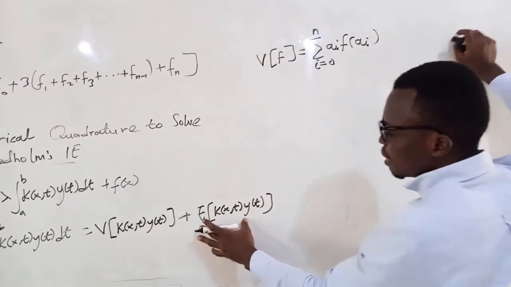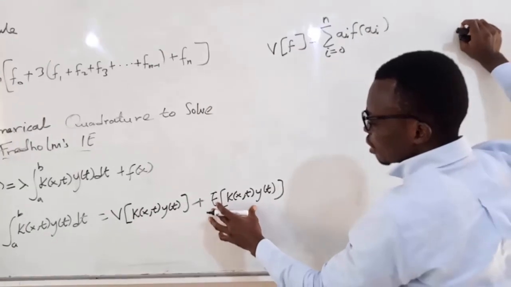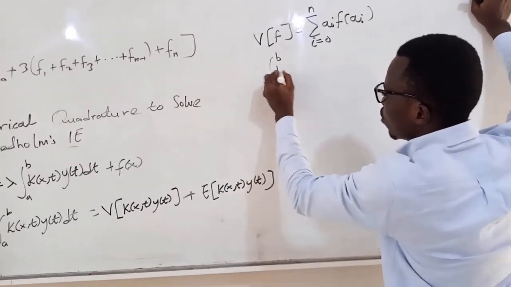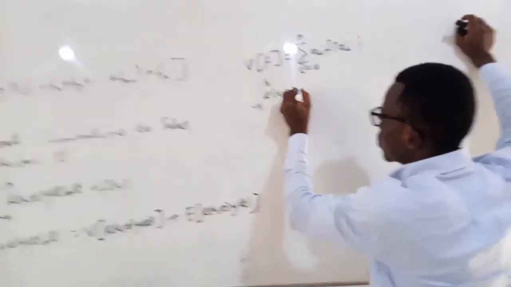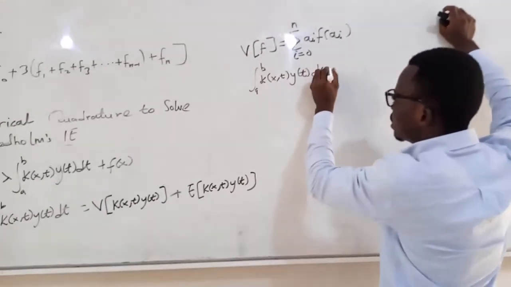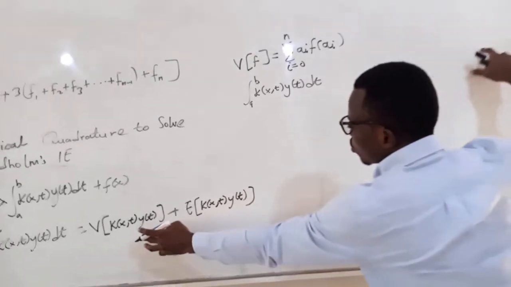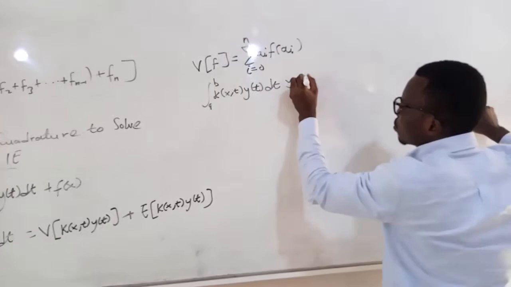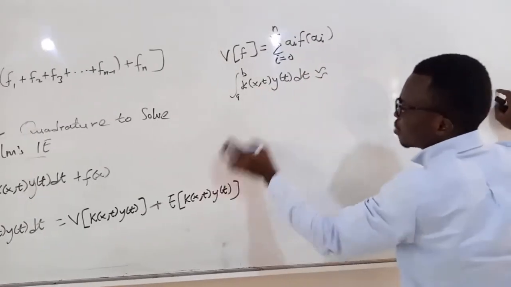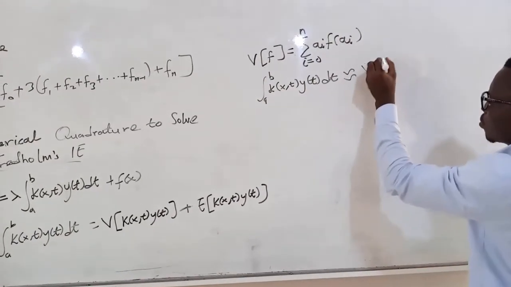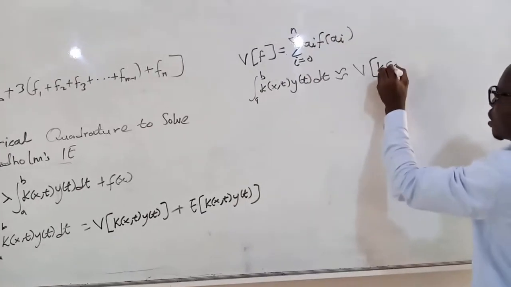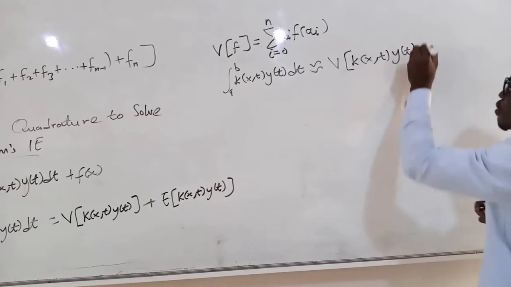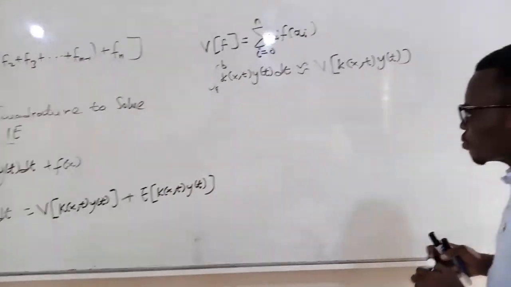So if you drop this truncated error, you can easily see that the integral from a to b of k(s,t) y(t) dt should be approximately V(f), which is the same as V of the kernel k(s,t) y(t).